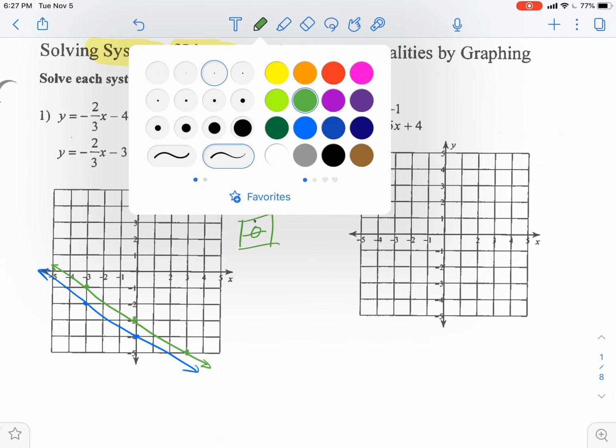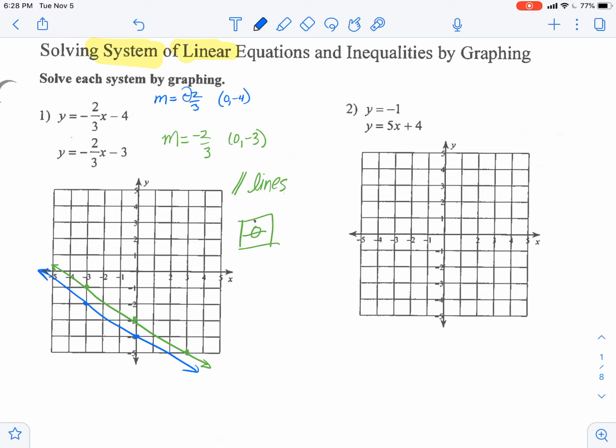So my first equation, y equals -1. Hopefully you recognize that that is a horizontal line, and it's going to be at -1. Okay, so there's my equation. And then my next one is in slope-intercept form, so it's going to have a slope of 5 and a y-intercept of (0, 4).